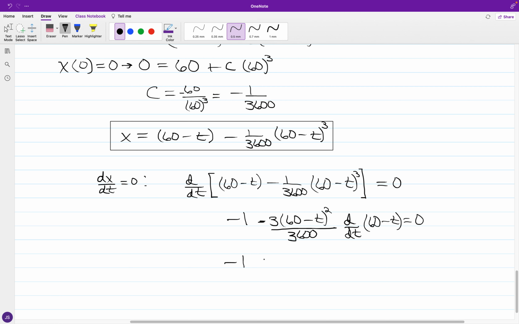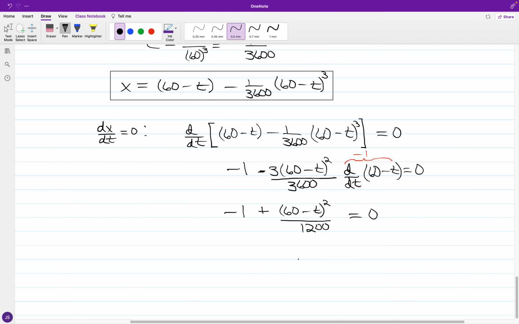The derivative with respect to t of 60 minus t will go to negative 1. So you have negative 1 times negative 3 is a positive 3 over 3600. So you have negative 1 plus the square of 60 minus t over 1200 is equal to 0.